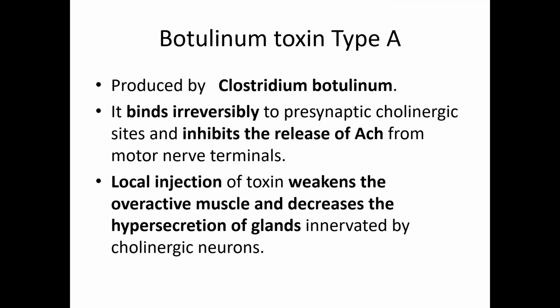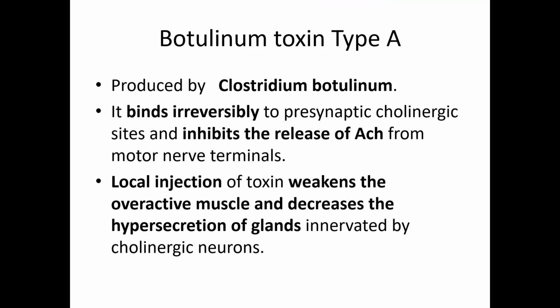Coming to the next drug, the peripherally acting skeletal muscle relaxant botulinum toxin type A. It is produced by Clostridium botulinum. It binds to presynaptic cholinergic sites and inhibits the release of acetylcholine from motor nerve terminals. So it is like a competitive inhibitor, but it binds irreversibly. With competitive inhibitors, if we increase the acetylcholine concentration, they will dissociate from the receptor, whereas botulinum toxin will not dissociate from the receptor.